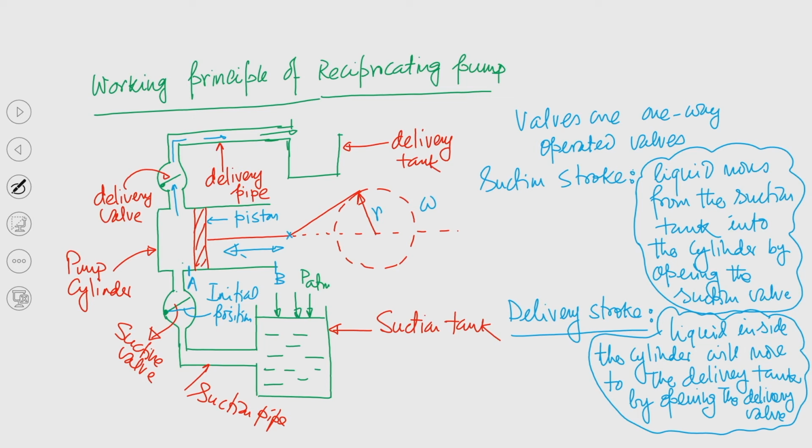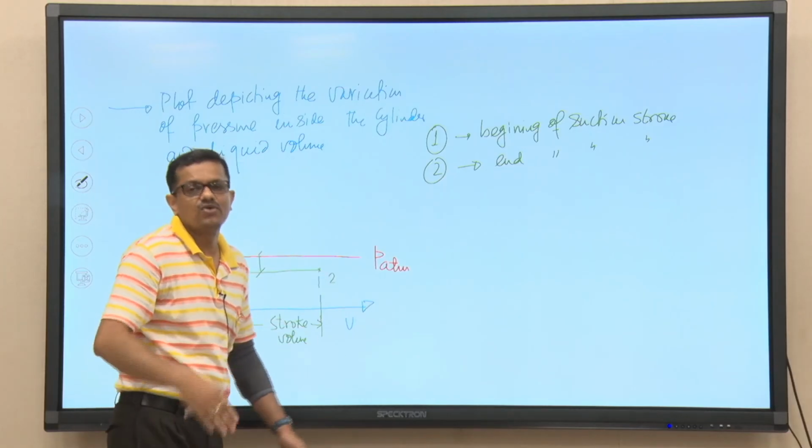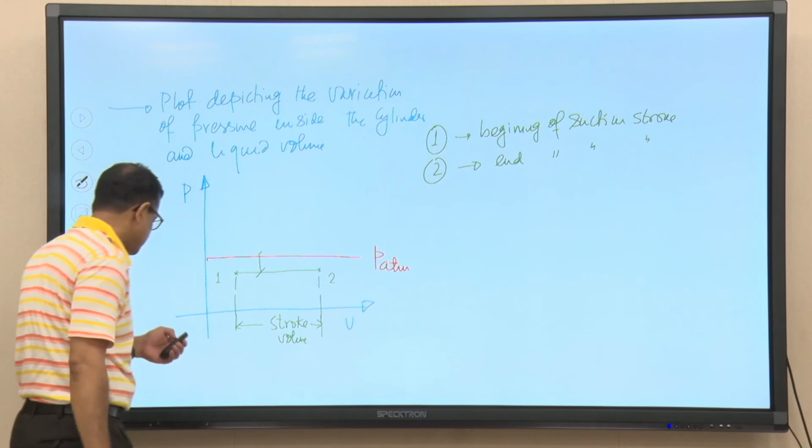Here we have identified this as the pressure difference, right. And that pressure difference is responsible for the movement of the liquid from the suction tank to the cylinder. As if the pressure difference remains the same throughout the stroke, there would be liquid movement throughout the stroke, but that is not the case in reality. We will discuss that part soon.